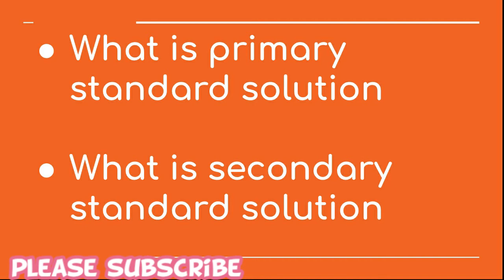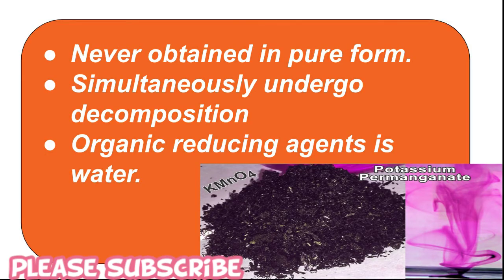For example, dichromate solution is a primary standard solution and NaOH solution is a secondary standard solution. KMnO4 is a secondary standard solution because KMnO4 is never obtained pure and perfectly free from MnO2.